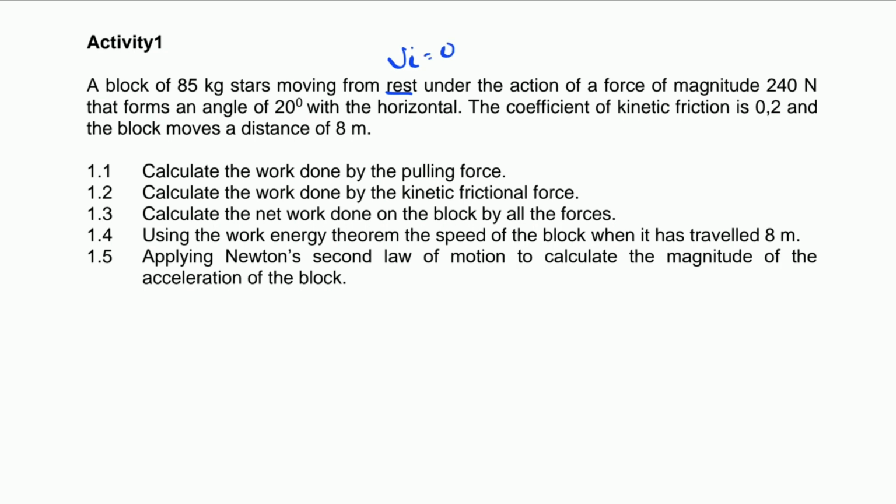Under the action of a force of magnitude 240 Newton, this is the applied force, that forms an angle of 20 degrees with the horizontal, that is the angle of inclination. The coefficient of kinetic friction is 0.2, no unit. The block moves a distance of 8 meters, and this will be the displacement.